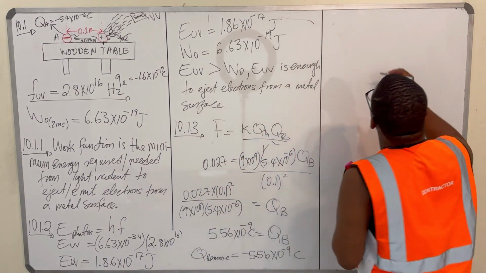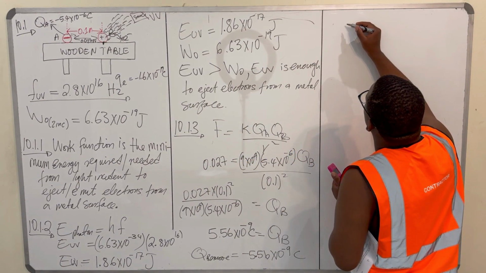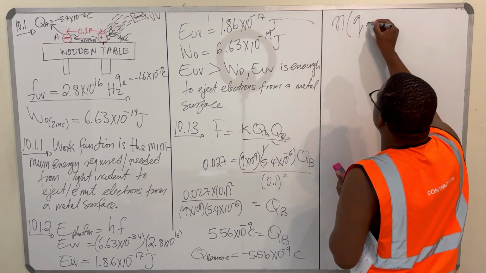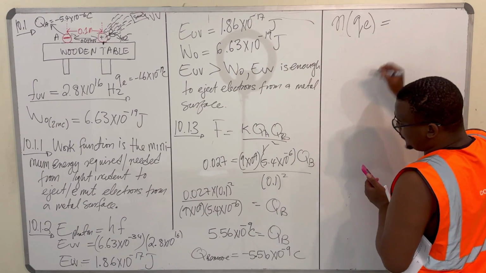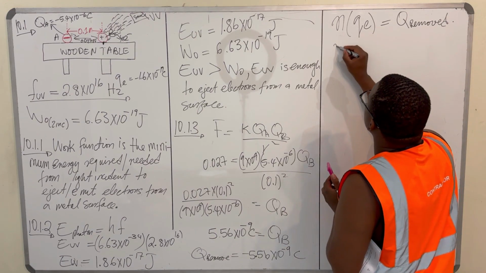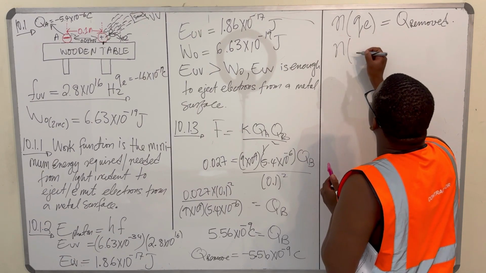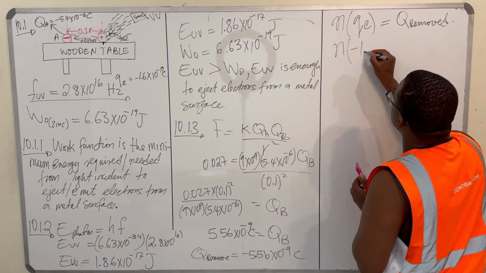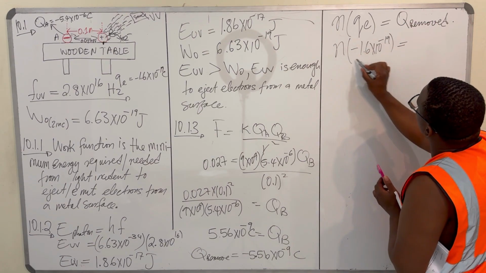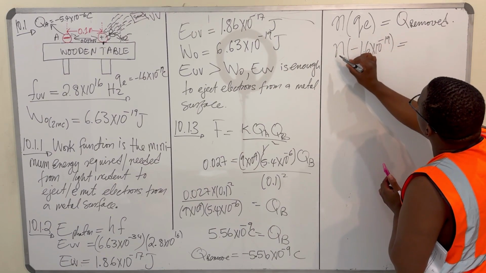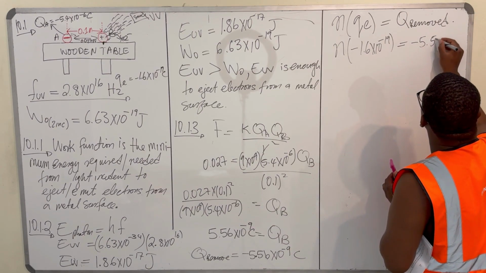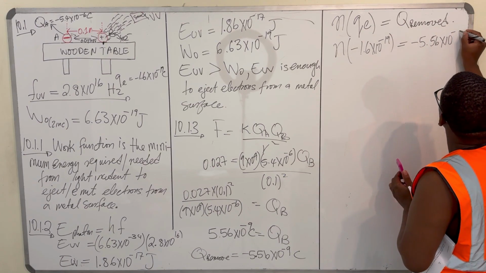So you say, okay, I know that a number of electrons were removed with this charge, and this charge added up to that Q removed. This is the number of electrons removed. They had this charge, 1.6 times 10 to the -19 Coulomb each, and the total number of electrons had a total charge of -5.56 times 10 to the -9.